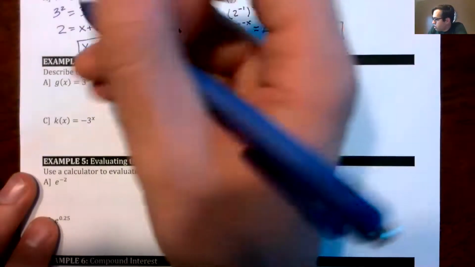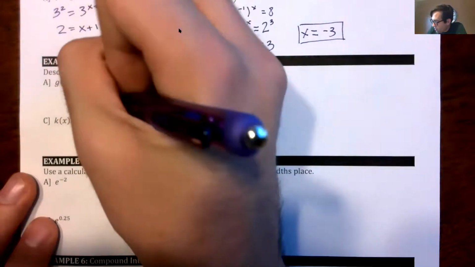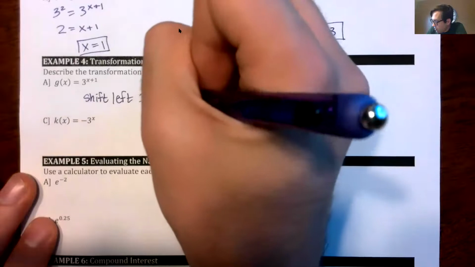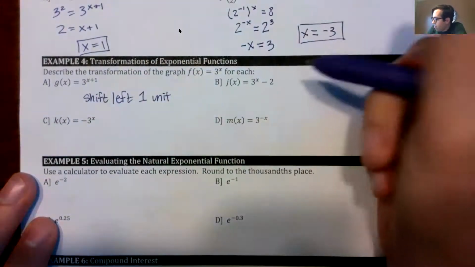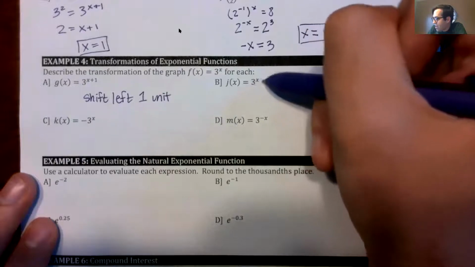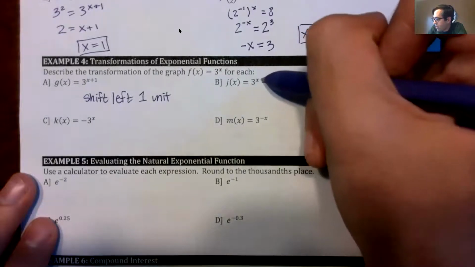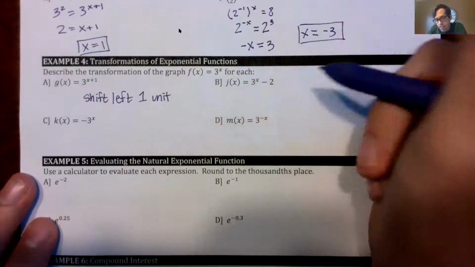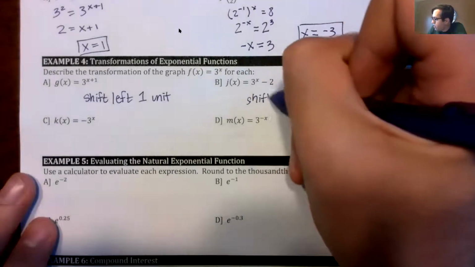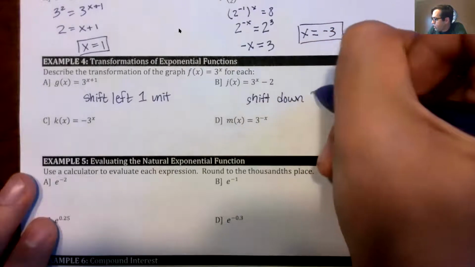So this is going to be a shift left 1 unit. If we have a number added or subtracted outside, so at the end of our function, not included exactly where the x is, that's a shift up or down. So this is going to be a shift down 2 units.